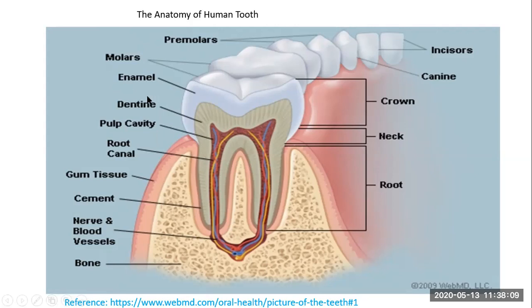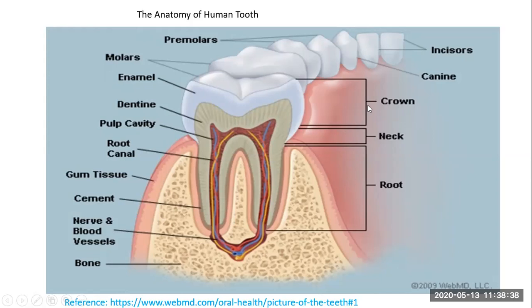Then the topmost layer of a tooth is called the enamel. If you give it a longitudinal section, that is, if you cut it into two, you see the enamel, that is the hardest part. You have the dentin, a very sensitive area of the tooth. Then we have the pulp cavity. The pulp cavity is where the life of a tooth lies.